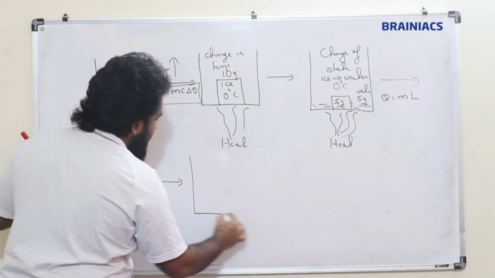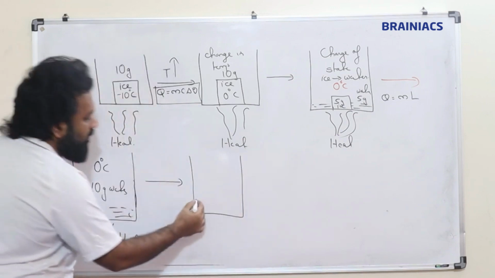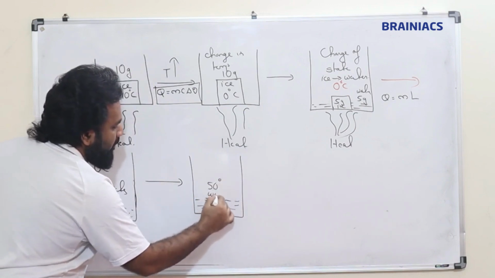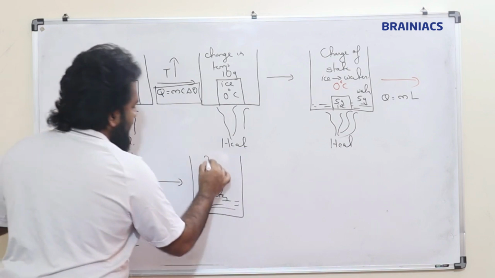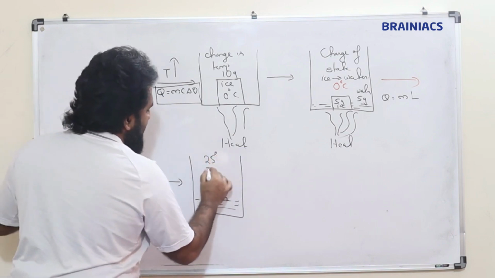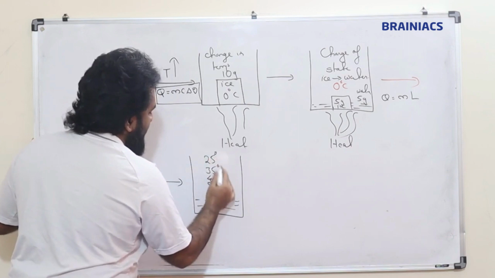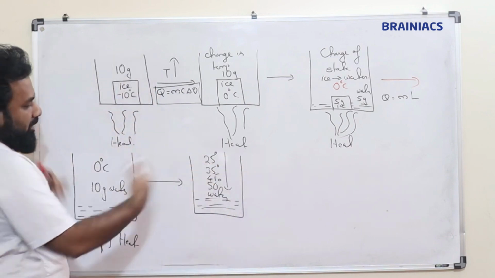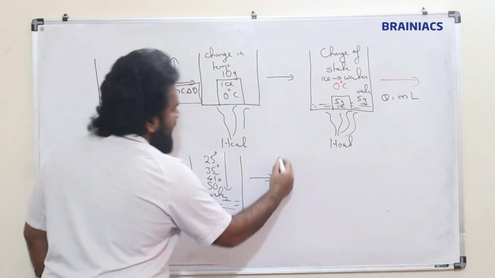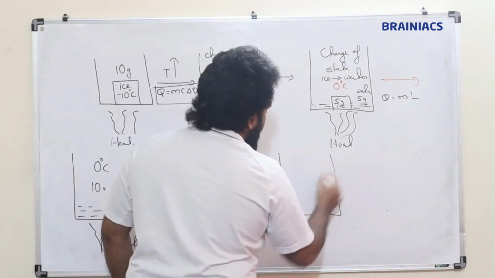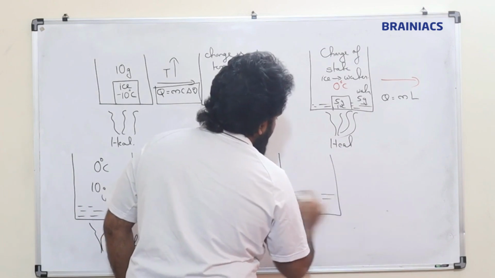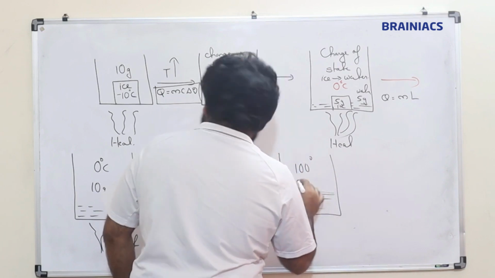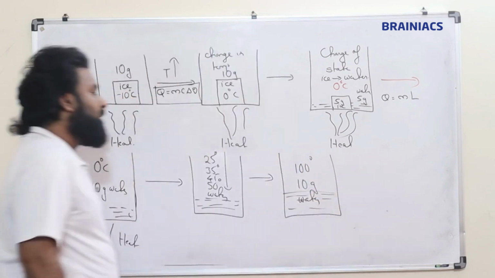The next possibility is it can become water at 25 degrees Celsius, 35, 45, 50. Likewise, temperature will be increased. What will happen again? This will become 100 degrees Celsius water, 10 gram of water at 100 degrees Celsius.